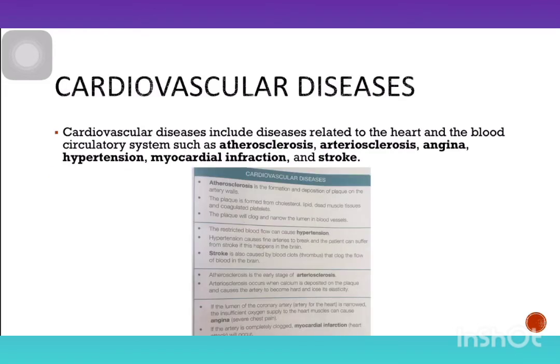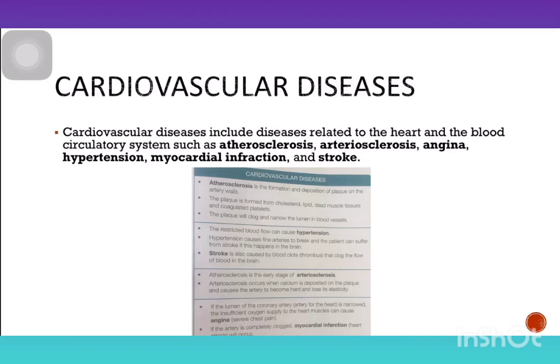Okay, so next up we have cardiovascular diseases. These diseases are very dangerous for us. This is very dangerous for all people because this disease always happens not in a way that they show. Cardiovascular diseases include diseases related to the heart and the blood. So that's why the circulatory system is very important.